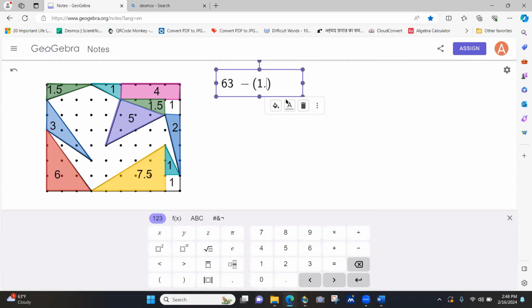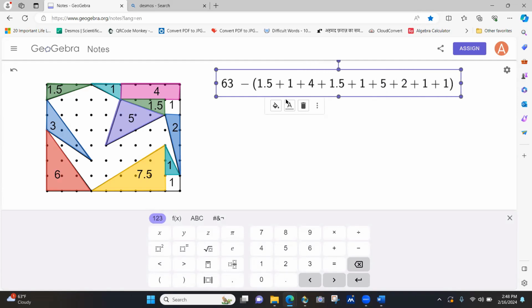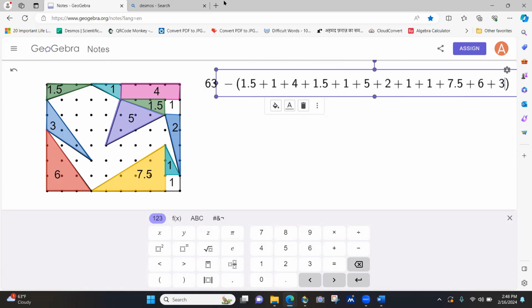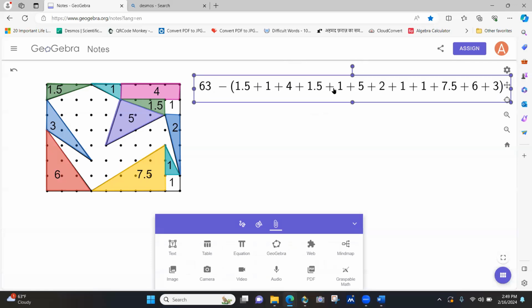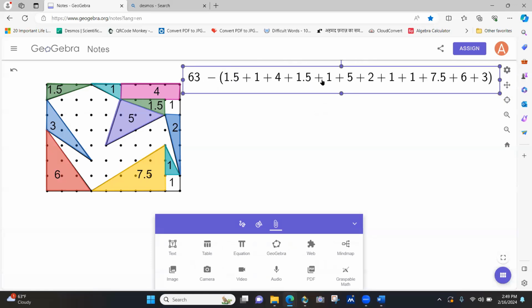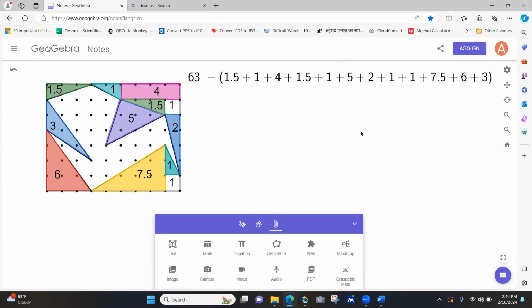The first one is 1.5 plus 1 plus 4 plus 1.5 plus 1 plus 5 plus 2 plus 1 plus 1 plus 7.5 plus 6 plus 3. Now, I'm going to be using a calculator for this. I don't want to make a mistake here. There are lots of numbers here.